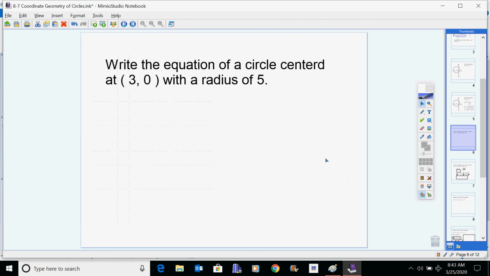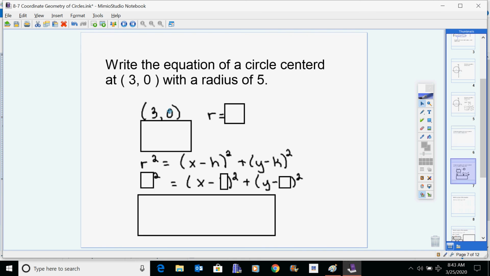All right, so we're going to use this situation again because that was with a picture, but this is with all words. We have a center of the circle and we have a radius, and we're asked to find an equation. So we need to take our pieces and then we're going to plug it right into this formula where it belongs.